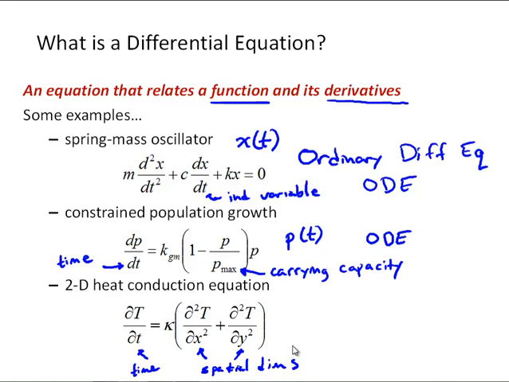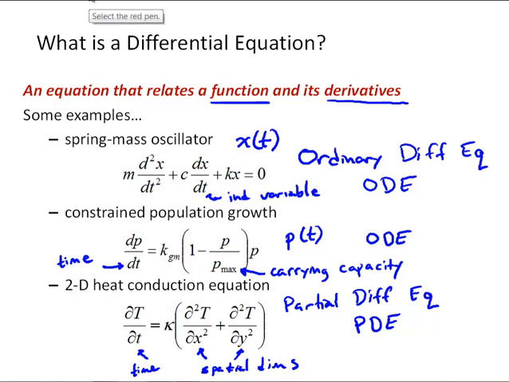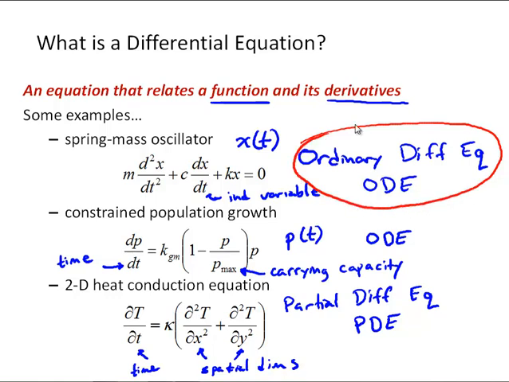And so this is a partial differential equation, or a PDE. In Engineering 240, we're going to focus on ordinary differential equations. But the techniques that we use extend to partial differential equations.